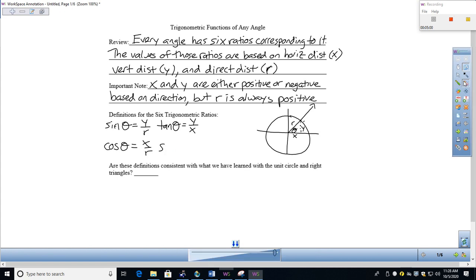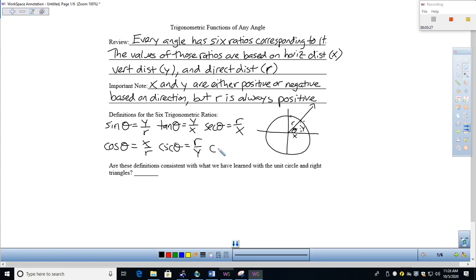Let me get them in the right order for us, just so they make pretty good sense. The next one I would say would be cosecant. Cosecant of theta being the reciprocal of sine. So if sine is y over r, cosecant is r over y. Secant being the reciprocal of cosine. So if cosine is x over r, secant is r over x.